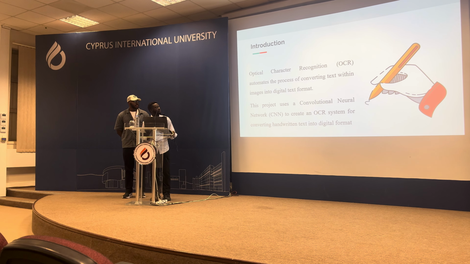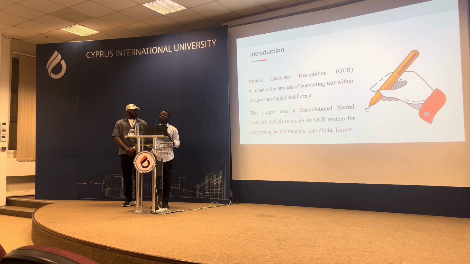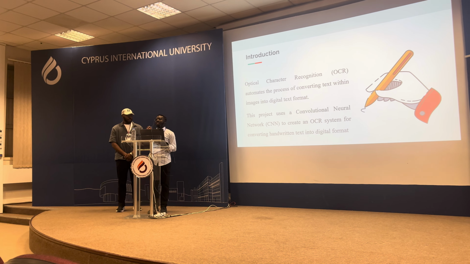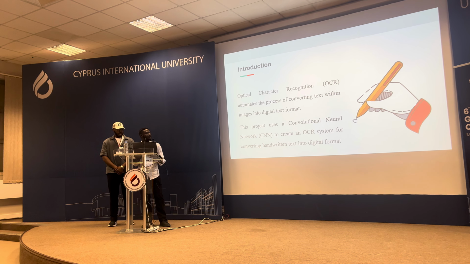OCR automates the process of converting text within images into digital text format. So how it basically works is that it takes an image and then it tries to interpret it into digital text format, so it converts it.